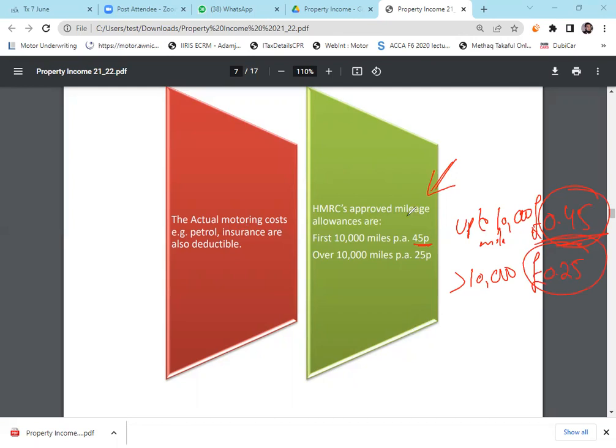This is the mileage allowance you are going to get if the landlord is driving his own car for property business. Plus, petrol and insurance are also allowed expenses. He can deduct petrol and insurance cost as well. How to do it, we will learn from a question. Any problems? No problem. Okay.